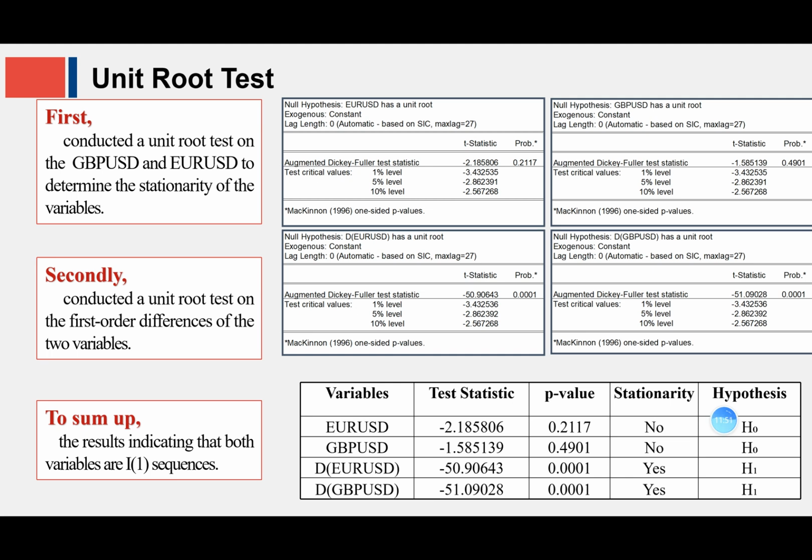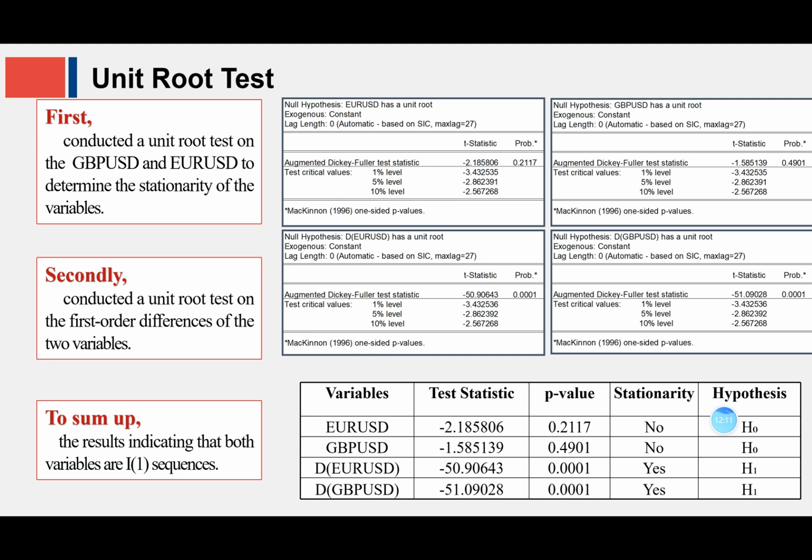This shows that we cannot reject the non-stationary hypothesis, and I did the same test on the GBP/USD. The result is the same. Therefore, the two variables need to be further differenced to test their stationarity.